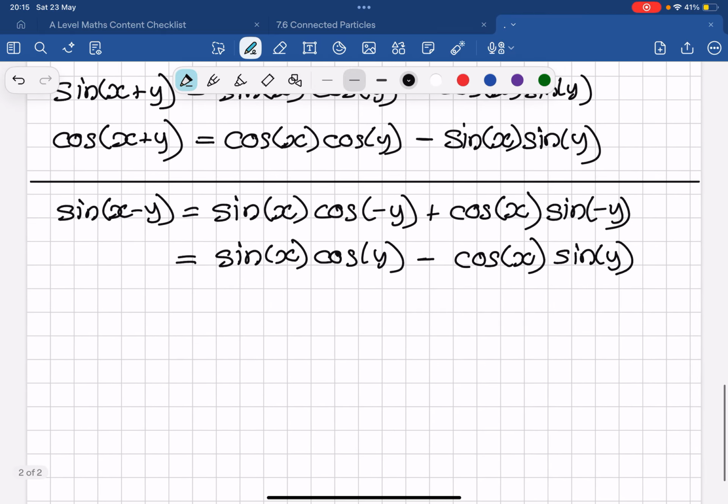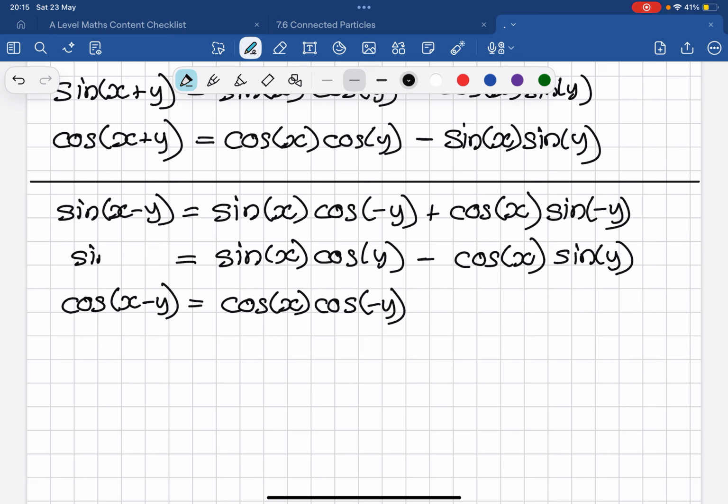And let's do the same for cos x minus y. So cos x minus y equals cos x cos minus y, and then minus sine x sine minus y.